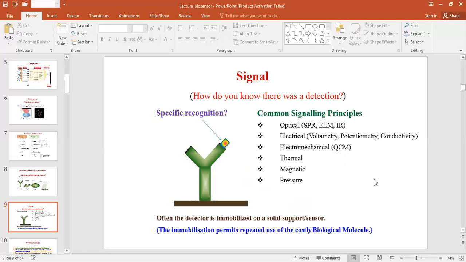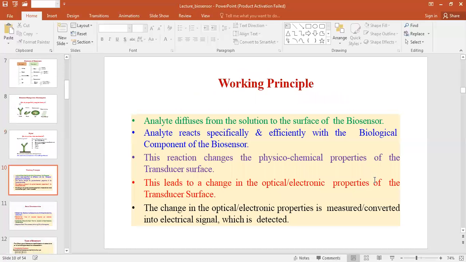So the common signaling principles are optical, in the form of infrared, absorption, surface plasmon resonance, or it may be electrical, electromechanical, electrochemical, thermal, magnetic, pressure, like that. So on that basis, we have to select the transducer, we have to select the bioreceptor accordingly.